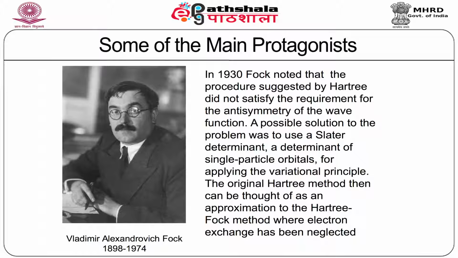A possible solution to that problem was to use a Slater determinant, a determinant of single particle orbitals, for applying the variational principle. After one carries out such calculation, the original Hartree method turns out to be an approximation to this Hartree Fock method, where electron exchange has been neglected.